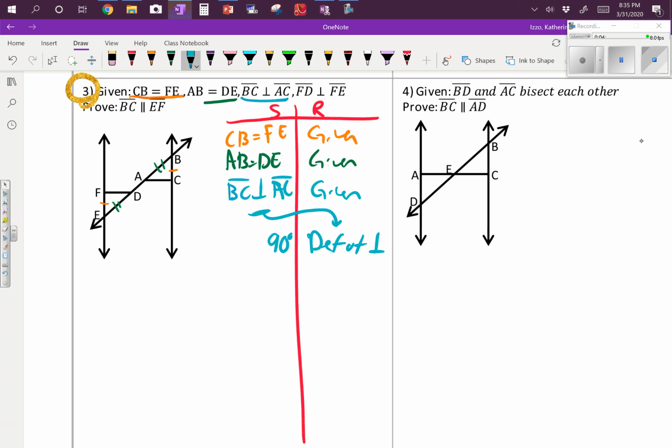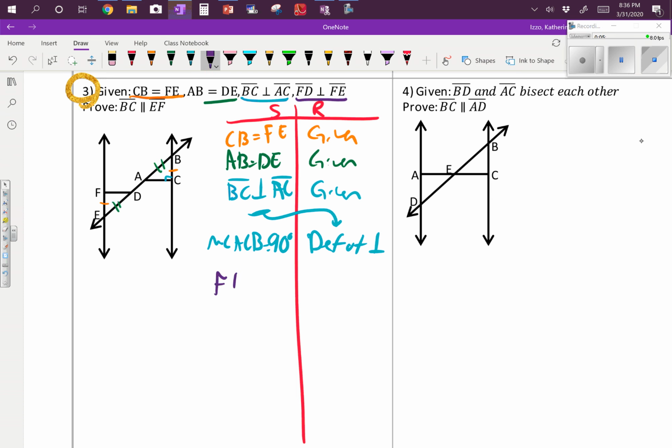BC and AC are perpendicular, which means there is a right angle over there at C. So measure angle ACB is equal to 90 degrees. We're good?